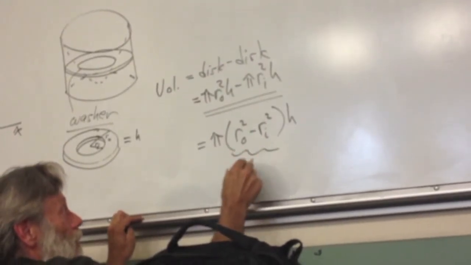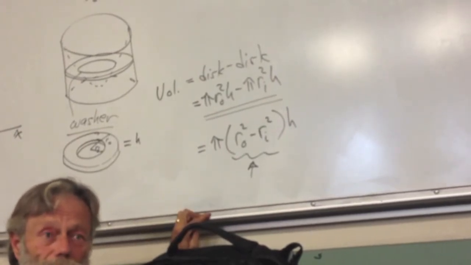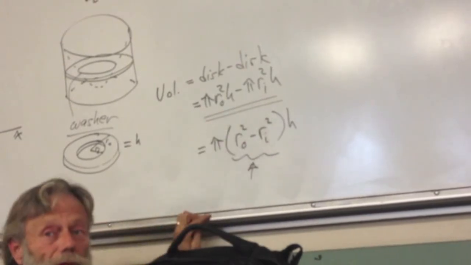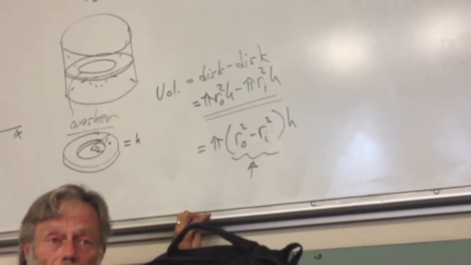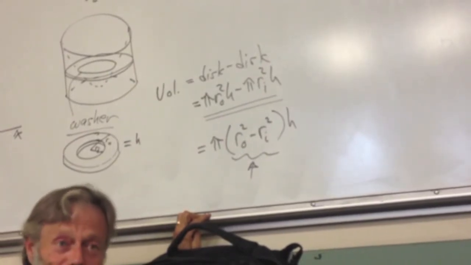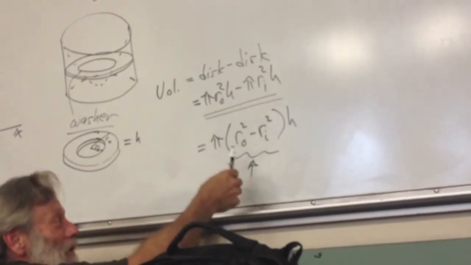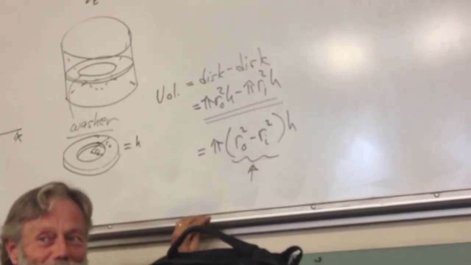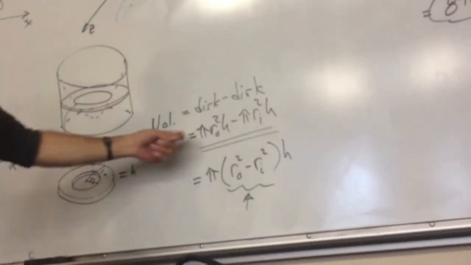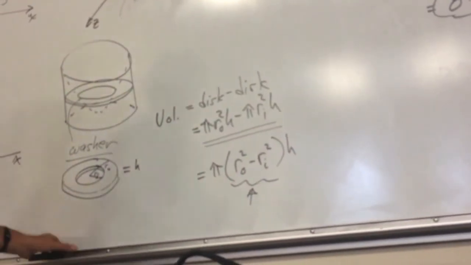A lot of you guys, once you substitute what all that stuff is in there, do stupid algebra on differences of squares and end up with the wrong answer. If you just left it as two separates, you might be better off. I don't care which way you go, but if you're going to do algebraic stuff, make sure it's correct. Either way of processing is going to be fine, but be careful of your algebra.